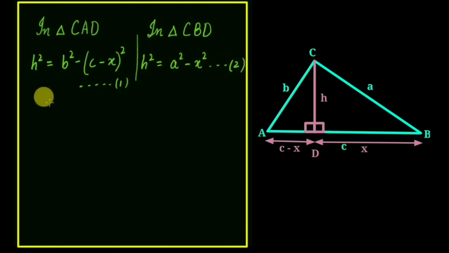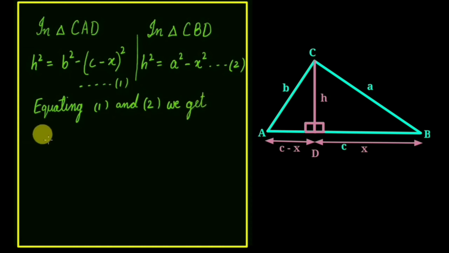Now on equating these two equations, we get b square minus (c minus x) whole square is equal to a square minus x square.